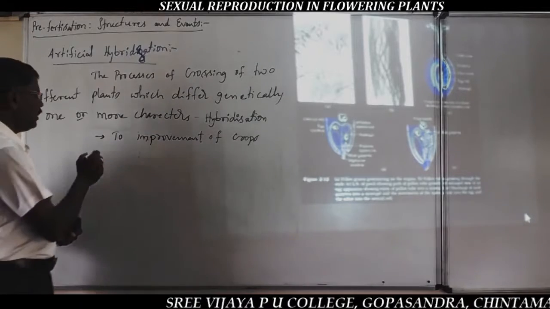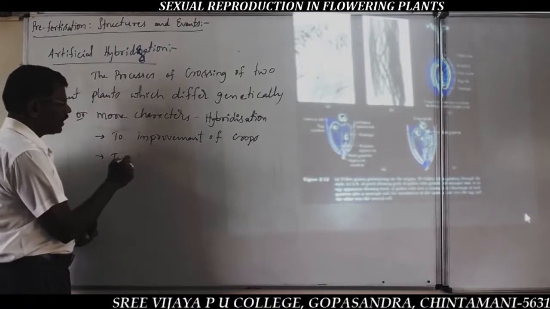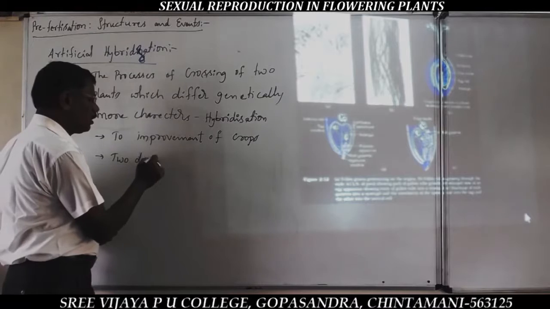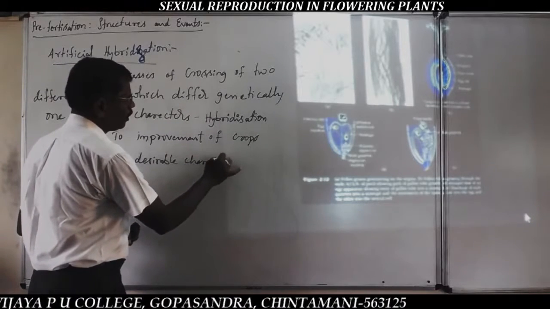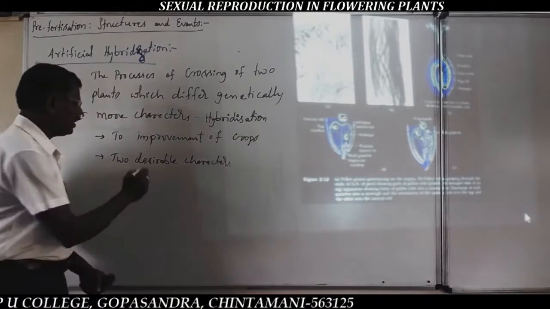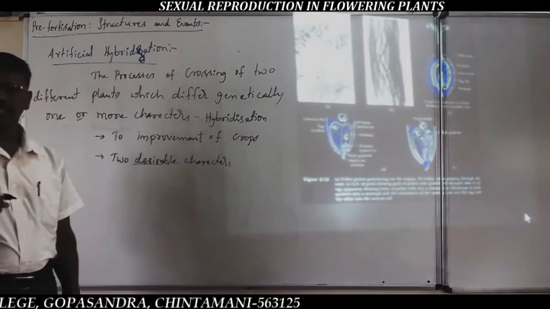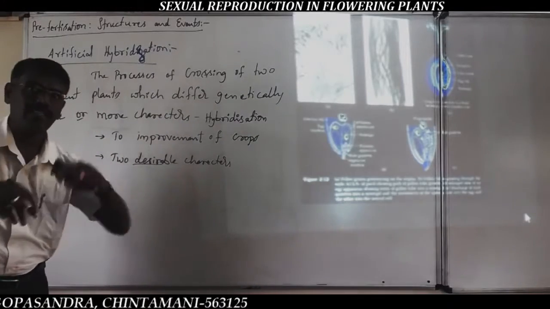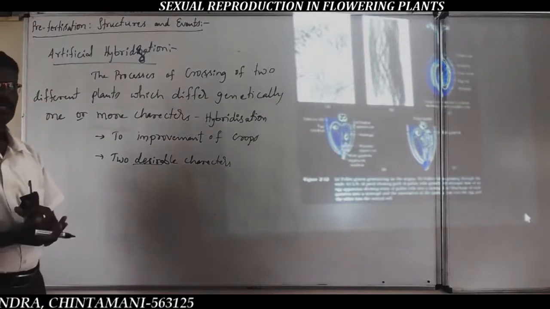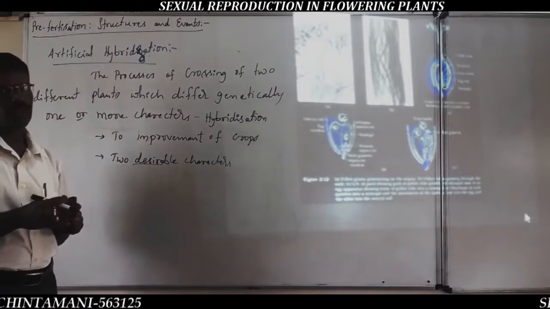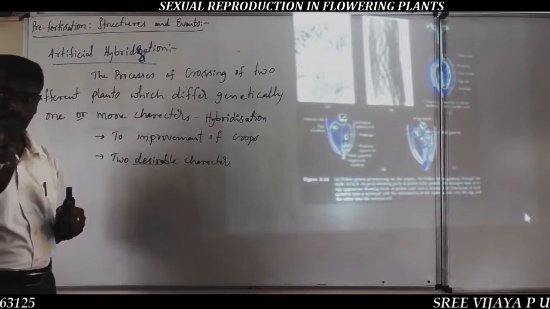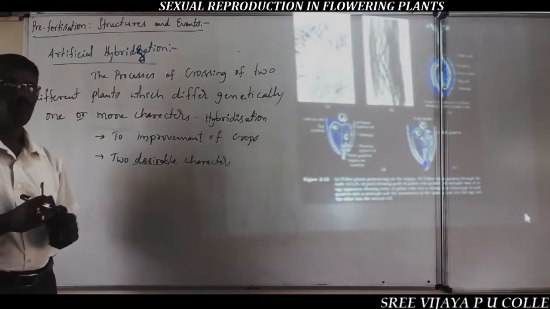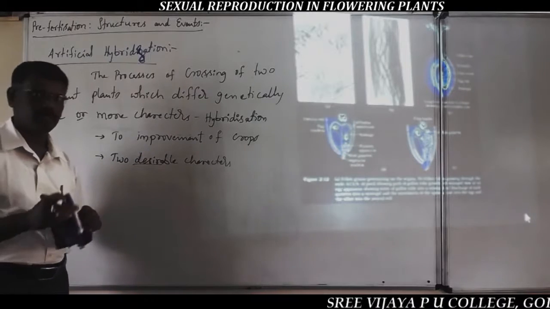Here we take two desirable characters present in two different plants and combine them in the same plant. It is helpful to improve crops and the nutrients in food crops.